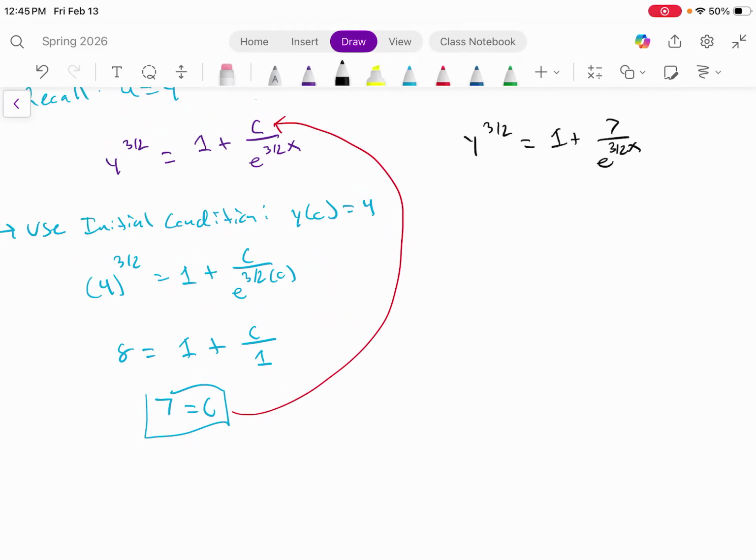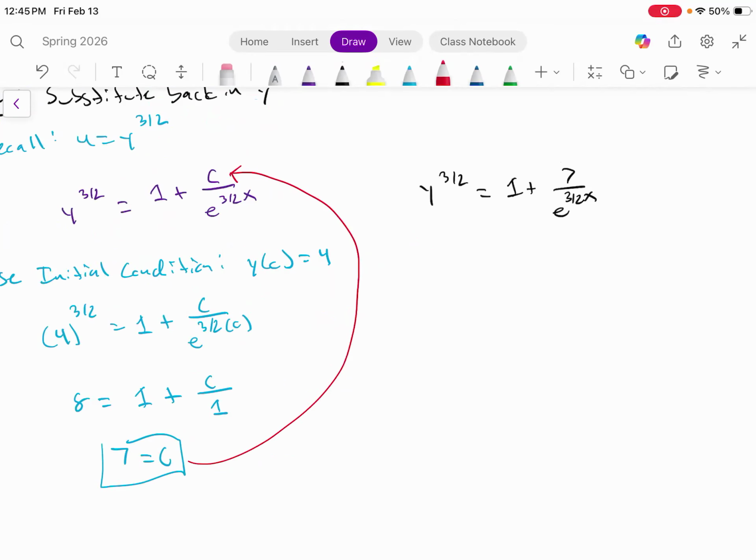And then I want to solve for y, so let's just raise both sides to the 2/3 because that'll undo the power of 3 halves. And so we have 1 plus 7 over, let's bring up the exponent, e to the negative 3 halves x, all raised to 2/3.